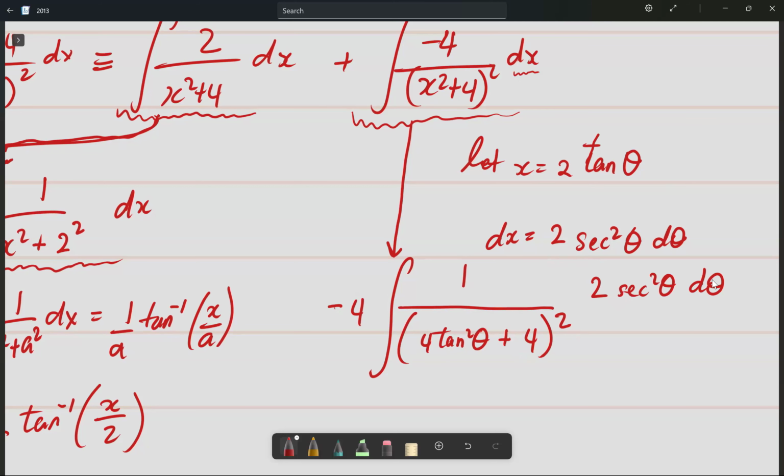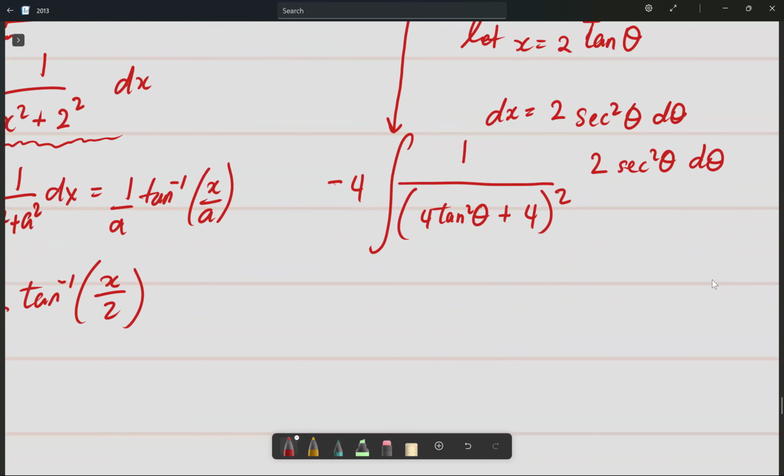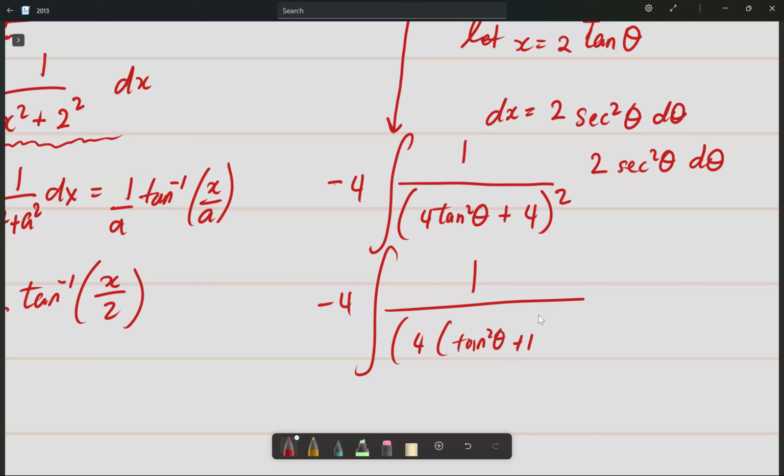Now here it almost looks like we're stuck. However, we're going to have to remember one more identity. We're going to have 4, the integral of 1 over, factor the 4 out of this, we'll have tan squared theta plus 1 all squared, 2 secant squared theta d theta.